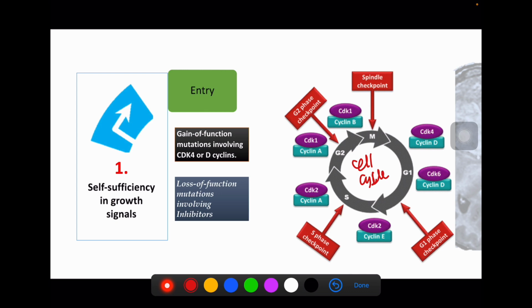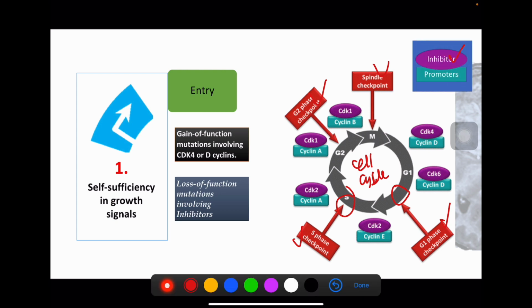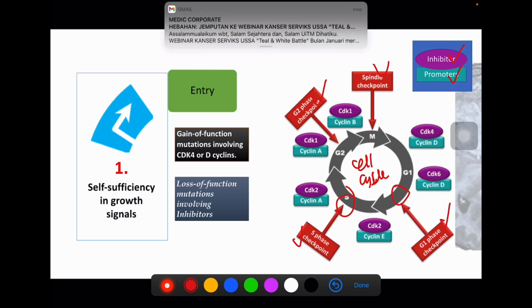The main entry points for cell to go into proliferation is G1 and S. Okay, but within the cell cycle, there's a lot of checkpoints. Okay, and the one that actually makes the cell goes into the cycle is these two things. It is called as inhibitors and promoters. Okay, there's different type of inhibitors: CDK4, CDK6, CDK2, and also the different cyclins.